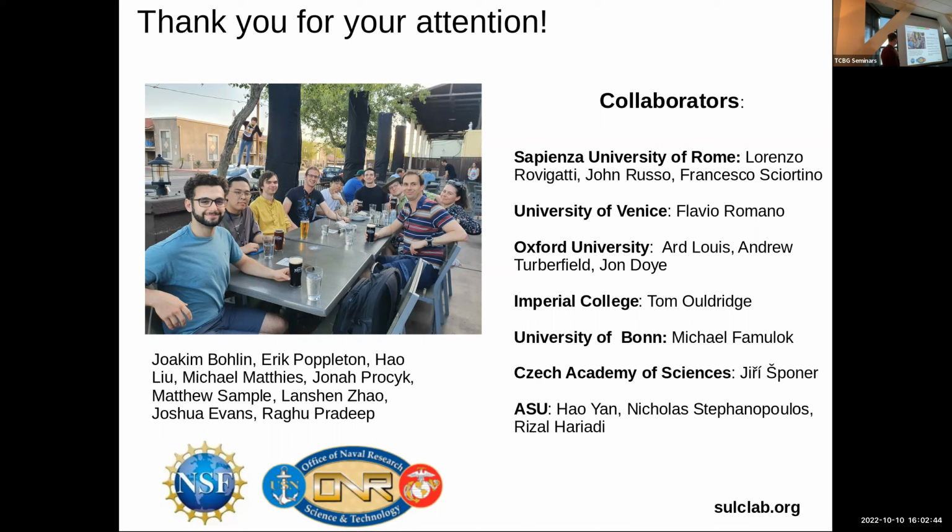The leaf spring engine is done by Michael Famulok in Bonn. I didn't really talk about our collaboration with VG on some optimistic modeling of Holliday junctions. And my collaborators at ASU were kind enough to let me use their lab as I please, as long as it's my student holding the tubes. And those are actually the people who did the work.